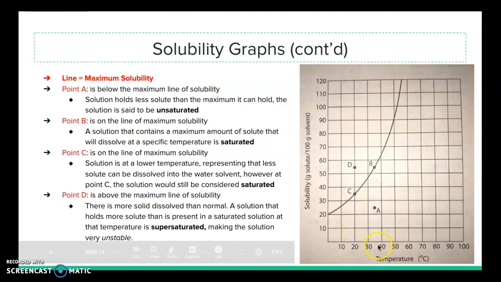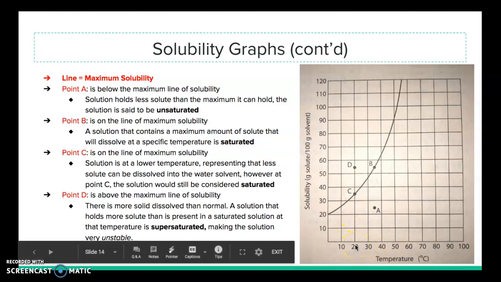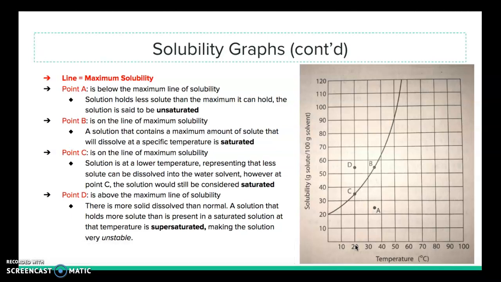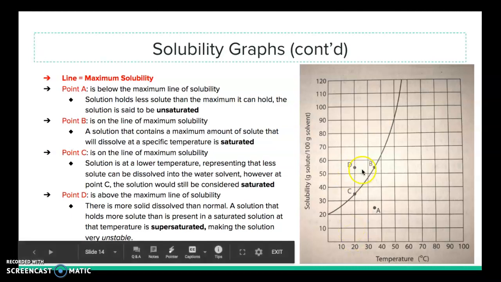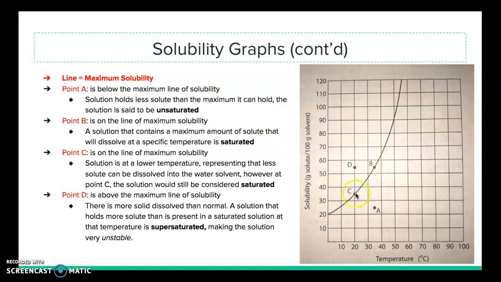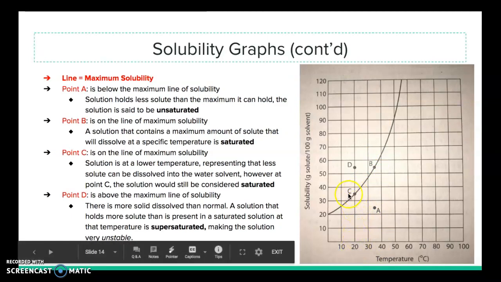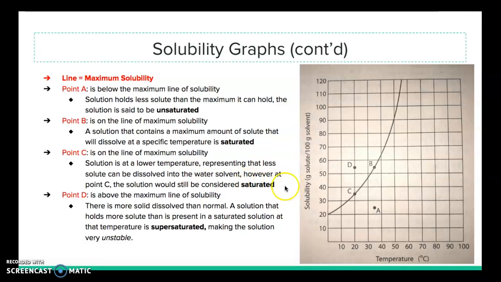We notice as we decrease our temperature, our solubility decreases, so less solute is able to dissolve into our solvent. We go from 35 degrees Celsius and 55 grams down to 20 degrees Celsius and 35 grams. But because it's on this maximum line of solubility, it's still considered saturated.